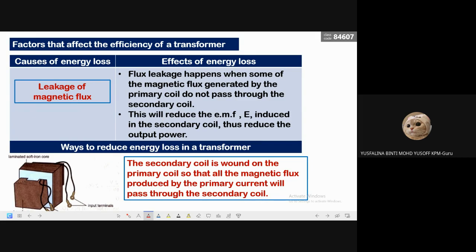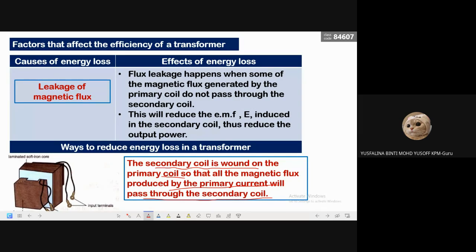So how to reduce energy loss? The secondary coil is wound on the primary coil. So it means they have to be wound on top of it. Okay, if they say it's on top of it, then all the magnetic flux produced by the primary current will pass through the secondary coil. So see this one? Not like on the left, on the right. Yeah, I know.